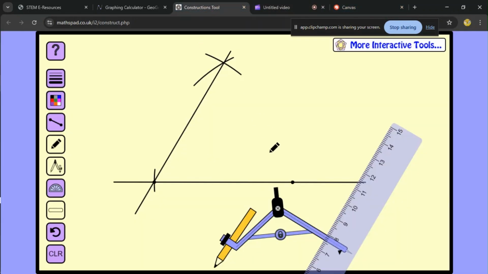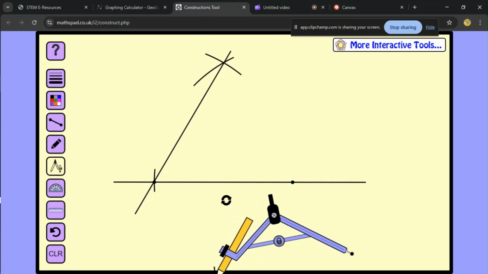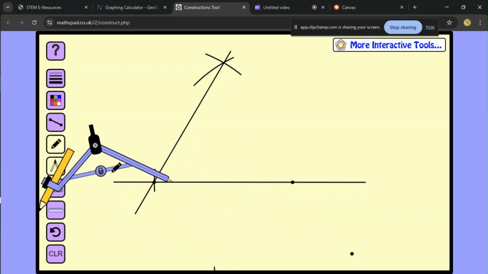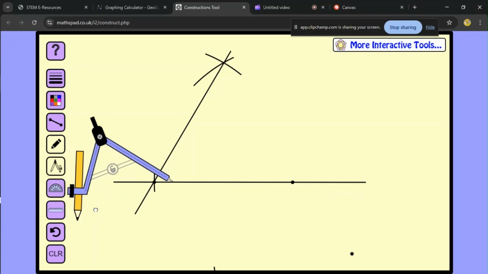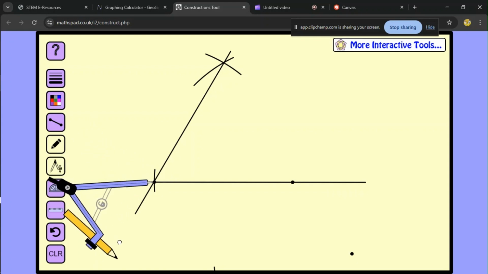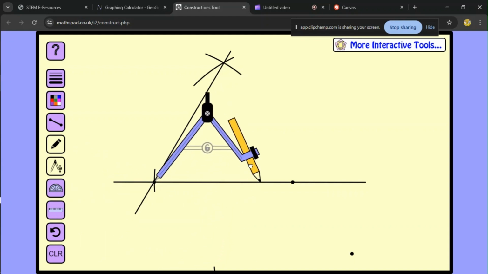So if we come here, I will take the sharp end. Let me remove this ruler. Let me adjust a little bit. Put the sharp end here. Then I put marks on this line. Let me adjust up to maybe somewhere there. Then I lock there.